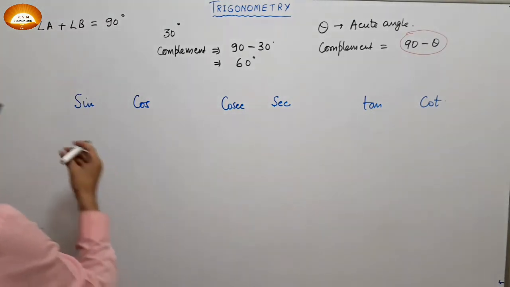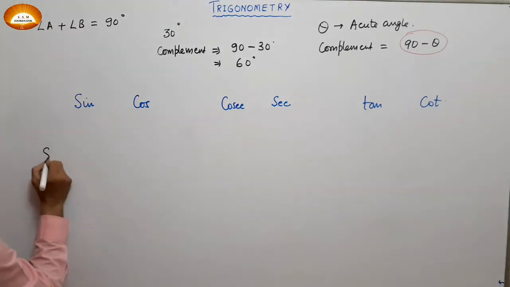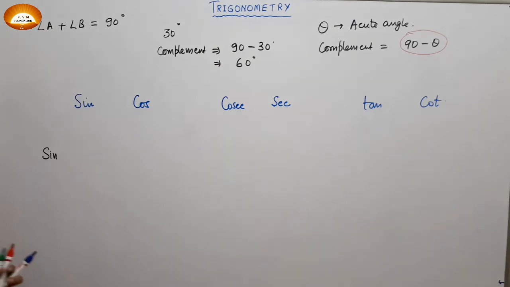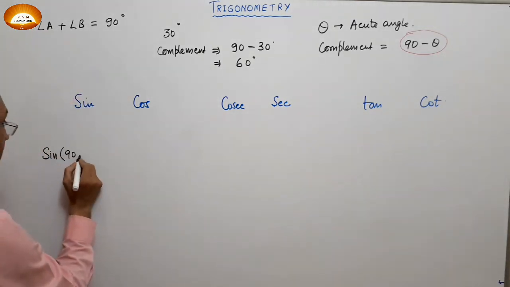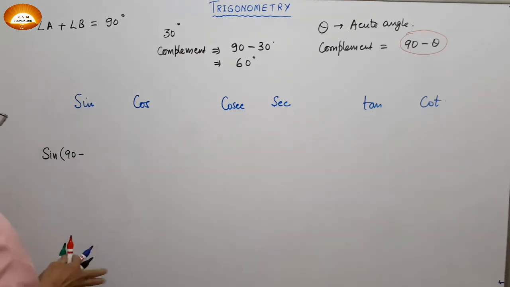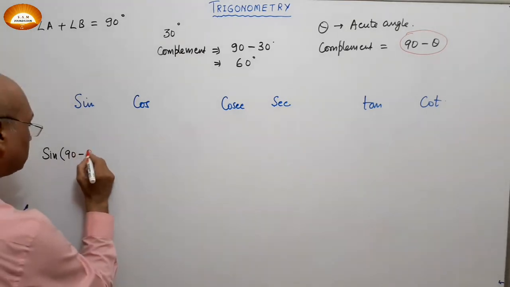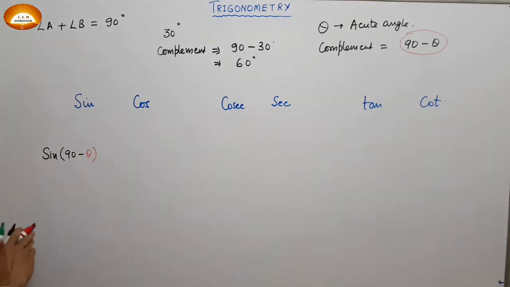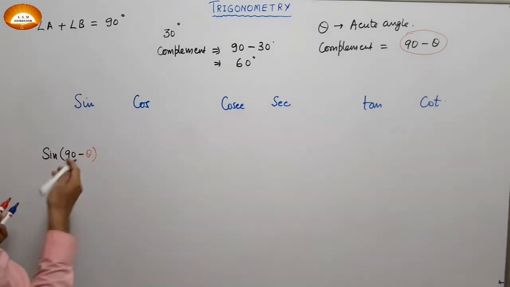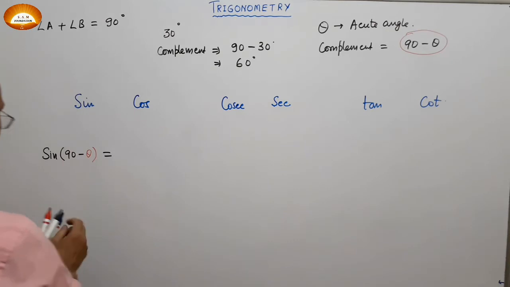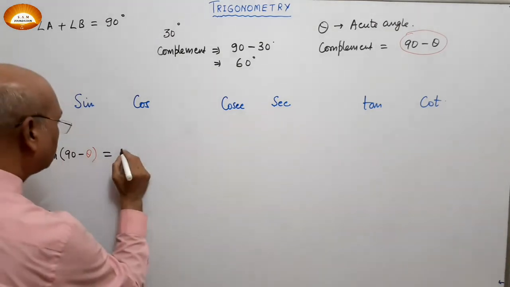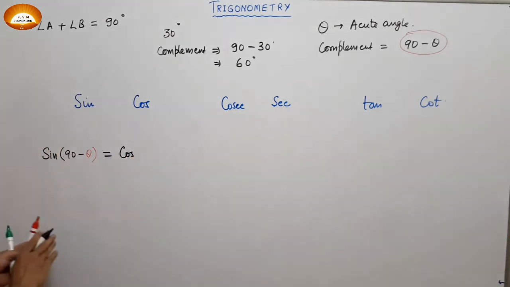See, suppose sine is associated to 90 minus theta, it will change to cos theta.